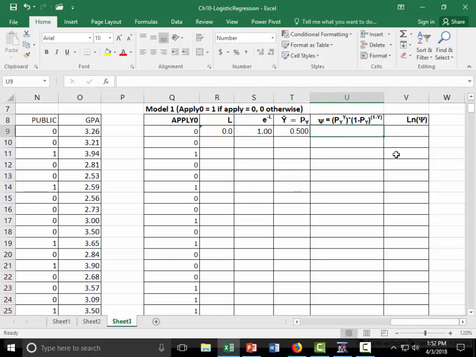And then we have the probability to the power of y, okay, times 1 minus probability to the power of 1 minus y.